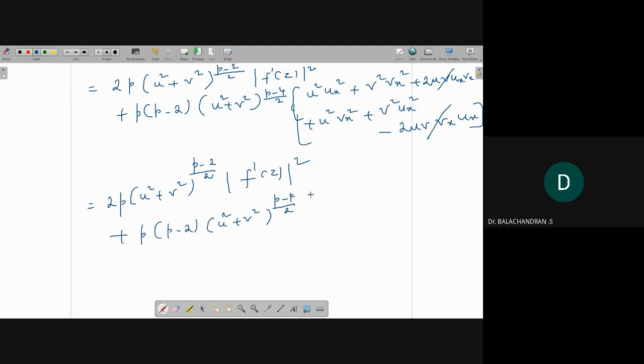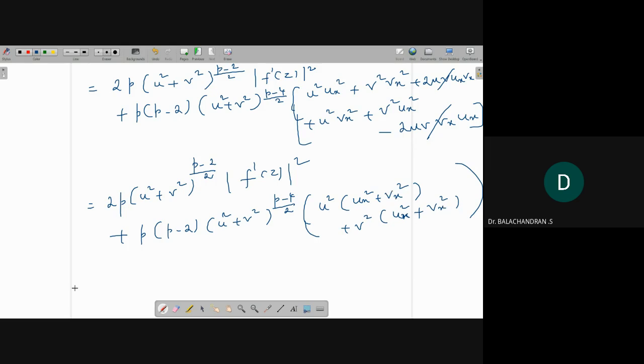If I take u² commonly, the remaining is ux² + vx². Similarly, if I take v² commonly, you have ux² + vx². So again, take ux² + vx² commonly.